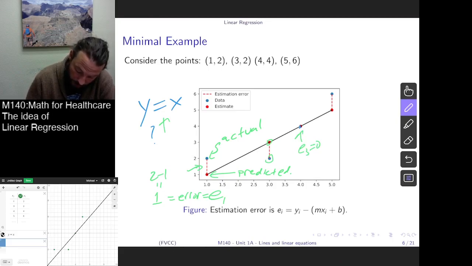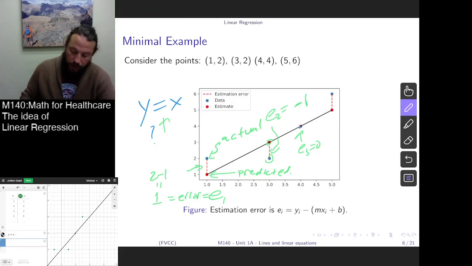Now notice this error, the second one, going back a little bit, this error, E2, would be a negative number compared to the other one. That's minus 1, I believe.